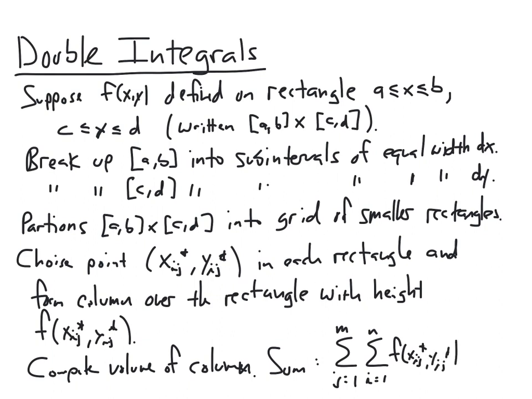That's our height. Our width of a rectangle will be dx dy. We add up this sum, and this would be our approximation for the volume.